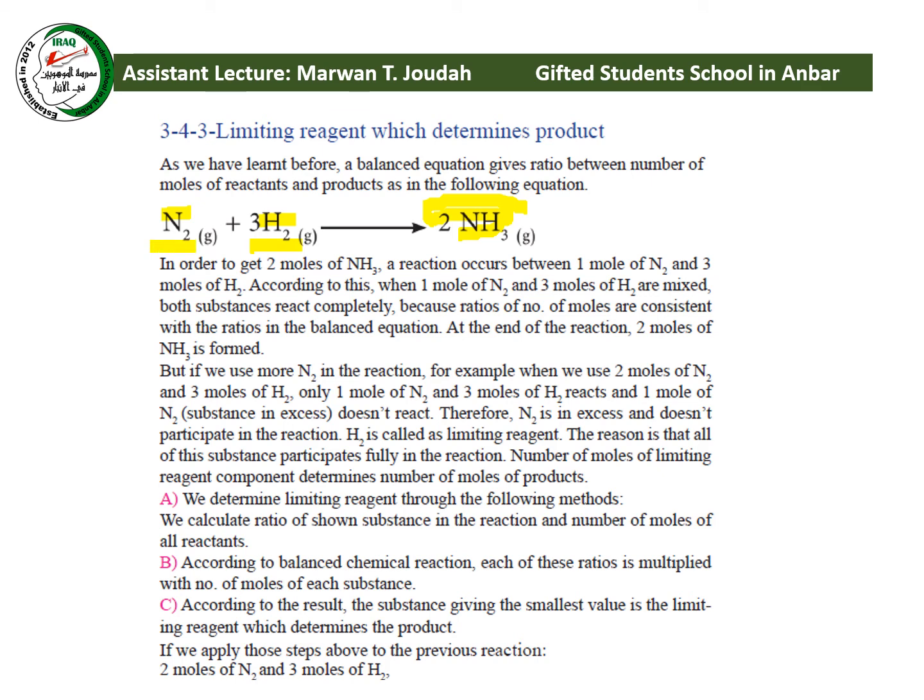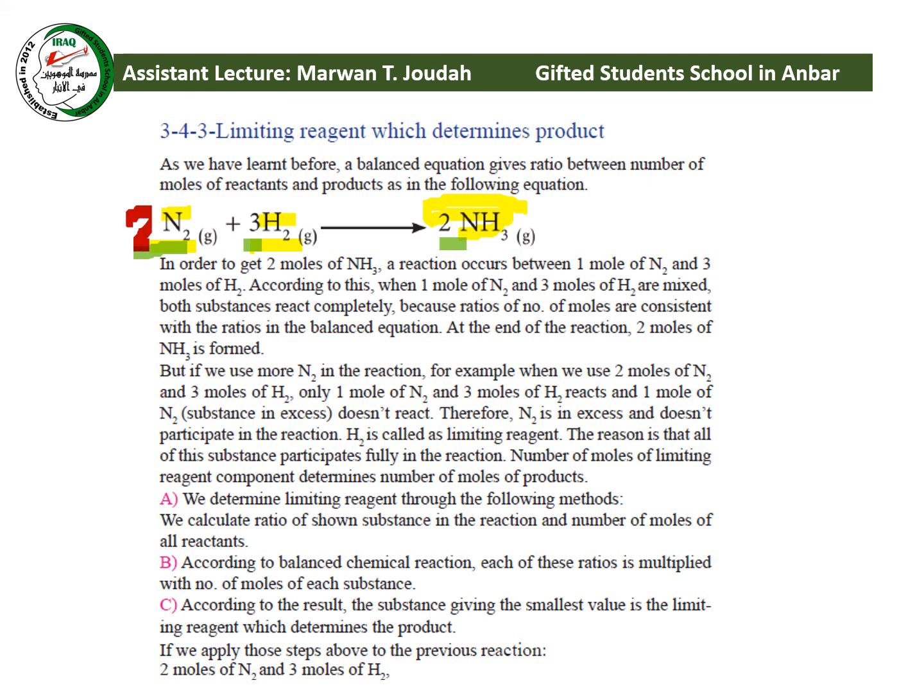Let's say that we have 1 mole of nitrogen. We need only 1 mole of nitrogen to react with 3 moles of hydrogen to give us 2 moles of NH3. Let's say that we have reacted 2 moles of nitrogen instead of 1 mole, which is the one that we required.